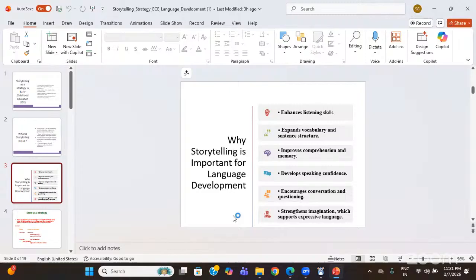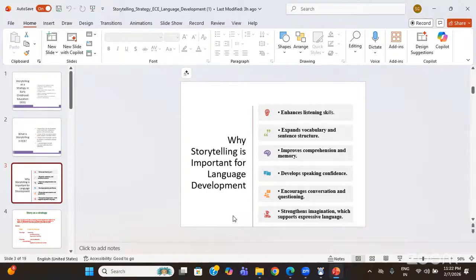As the teacher narrates the story, the child picks up the new words and then uses them in a sentence later on. Thus his vocabulary development also takes place. It improves comprehension and memory, understanding what is happening in the story, what will happen, what happened in the story.